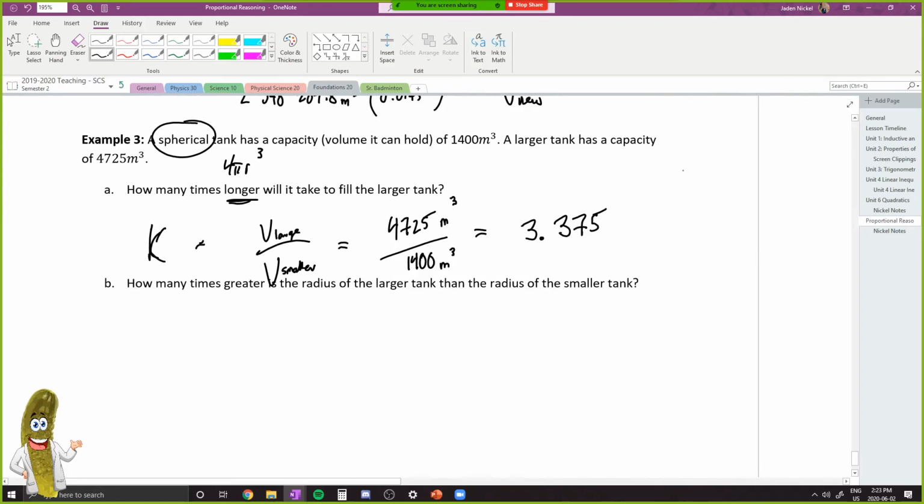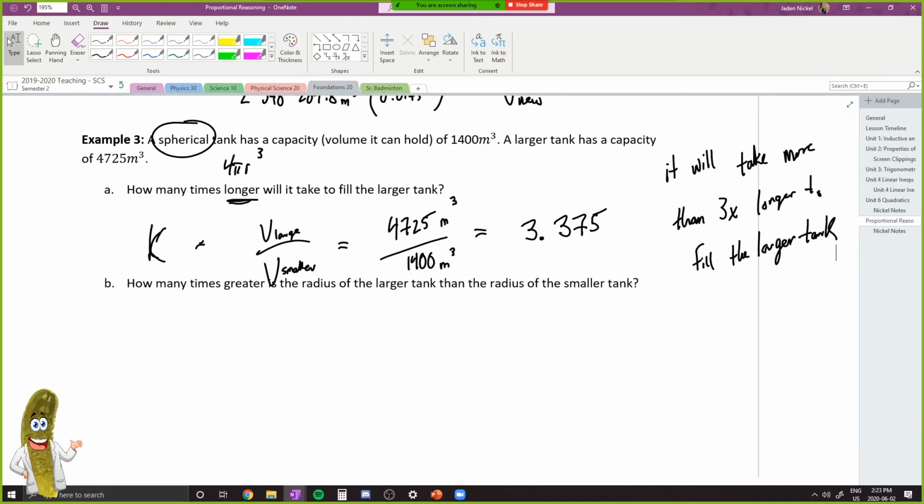So if I were to write a sentence, it'll take more than 3 times longer to fill the larger tank. Okay, so all that question was a convoluted way of asking you what is your scale factor.